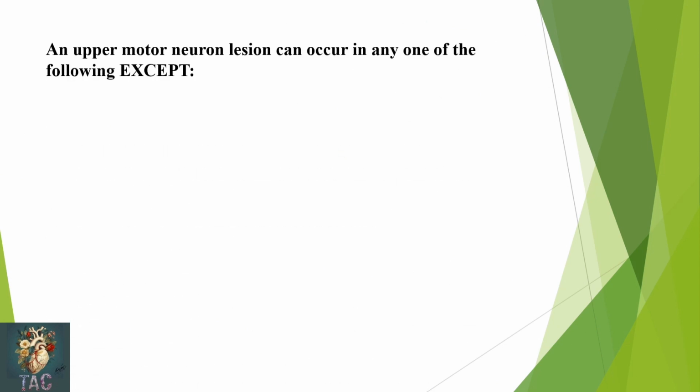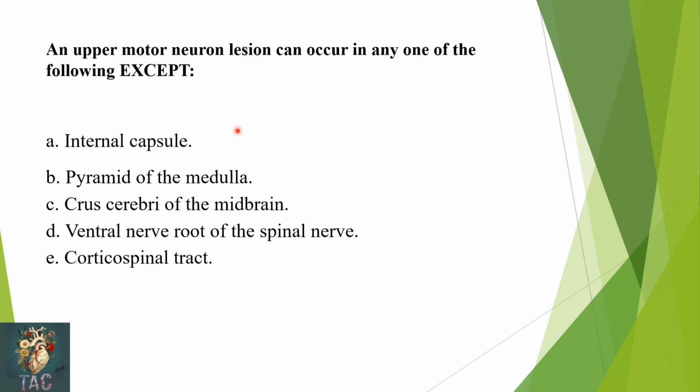Next MCQ is upper motor neuron lesion can occur in any one of the following except. So this is the location. Upper motor neuron means that the pyramidal system is affected, or any other upper motor neuron is affected. So this is the internal capsule, the pyramid of the medulla, yes, it will be affected. The crus cerebri, yes, they are passing through the crus cerebri. Then the ventral motor nerve root and the corticospinal tract.